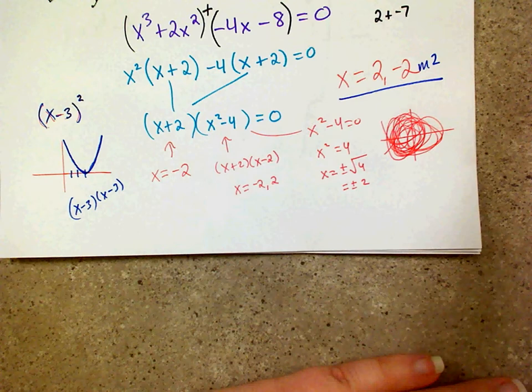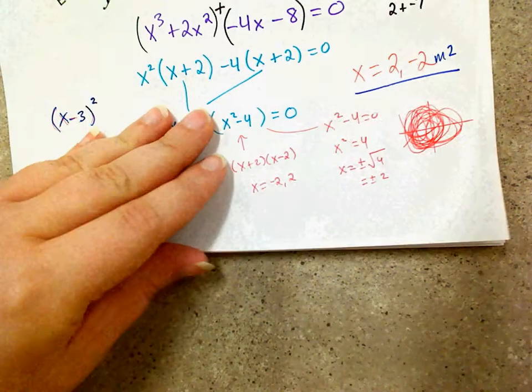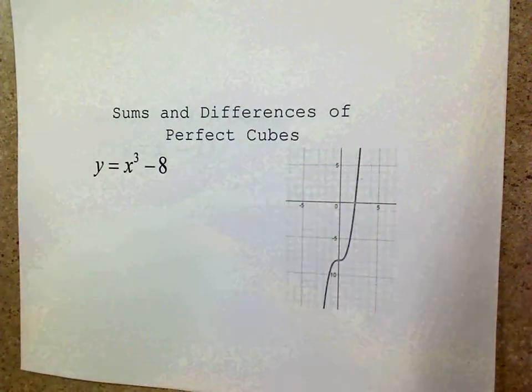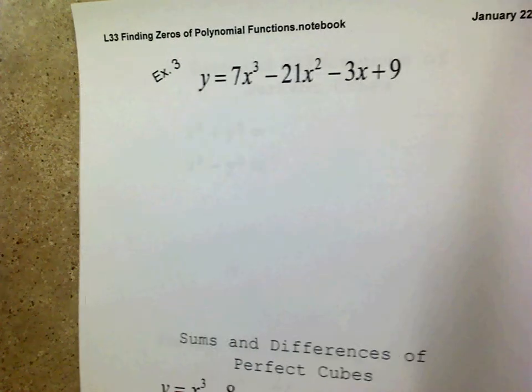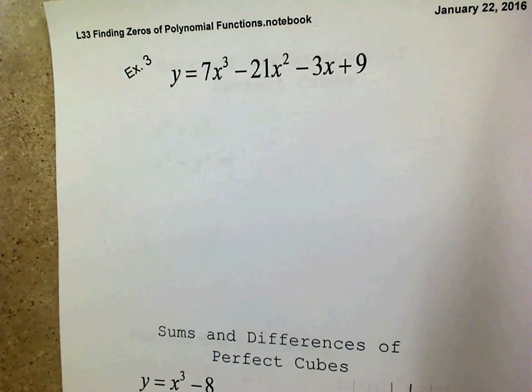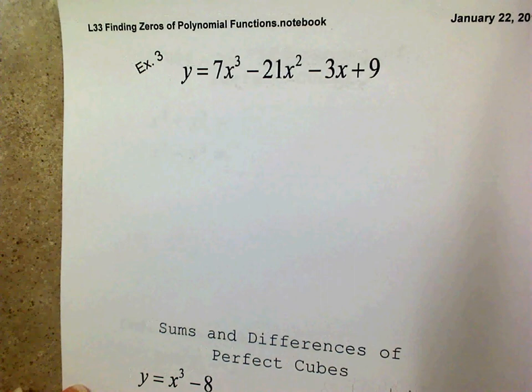All right, let's do another one. Okay, 7x cubed minus 21x squared minus 3x plus 9.